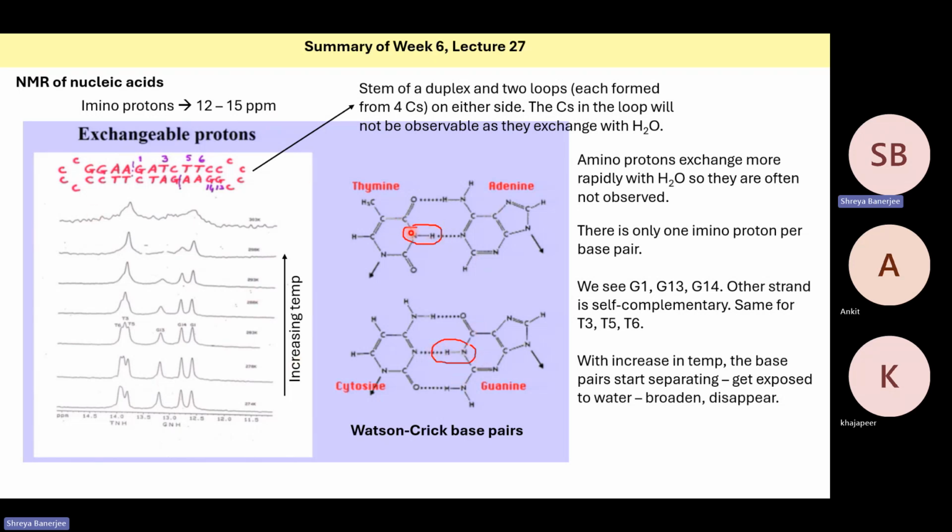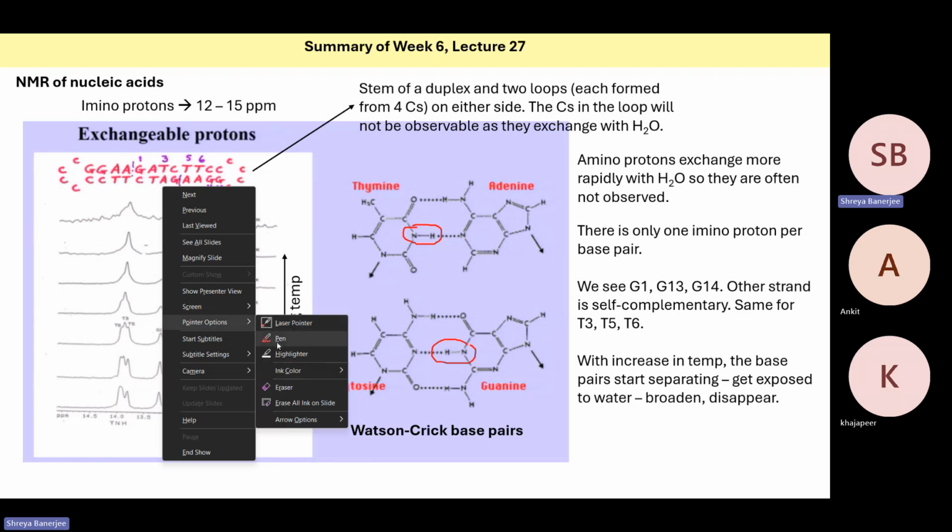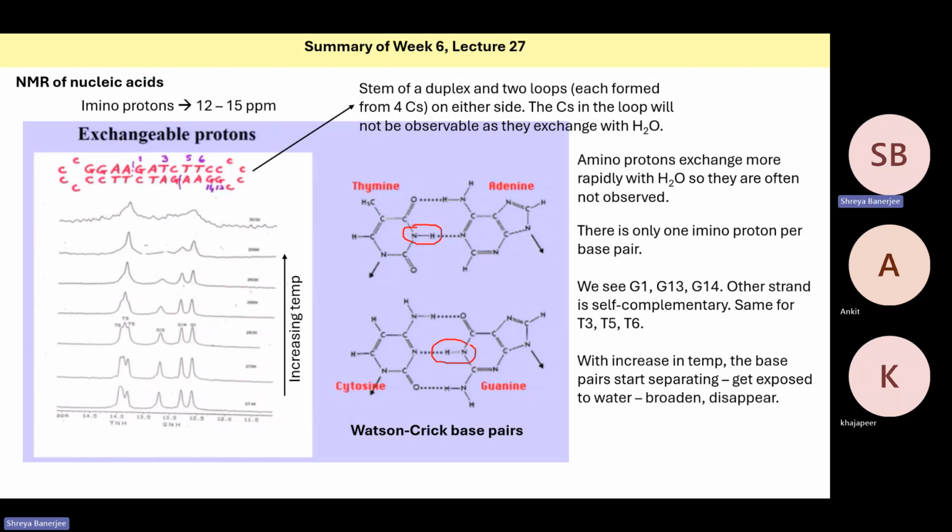So for each base pair, we will see only one iminoproton. Now about this sequence, one special thing is that it is a self-complementary sequence. So if you read the sequence from this side and you read the lower strand from this side, they are the same. So there is a kind of symmetric nature of this sequence. So how many iminoprotons are we expected to see?